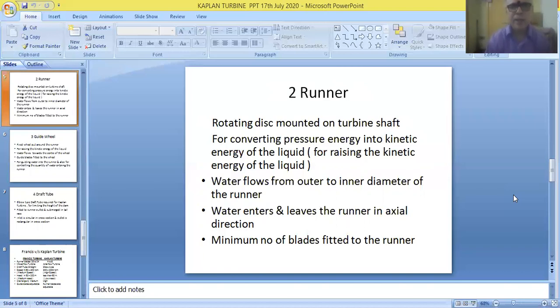Finally, a minimum number of blades are sufficient for operating the runner of KAPLAN turbine. So the runner is the most important component of this turbine.